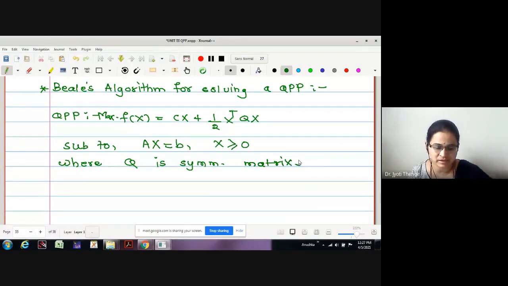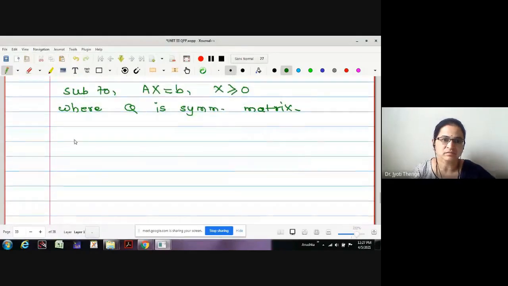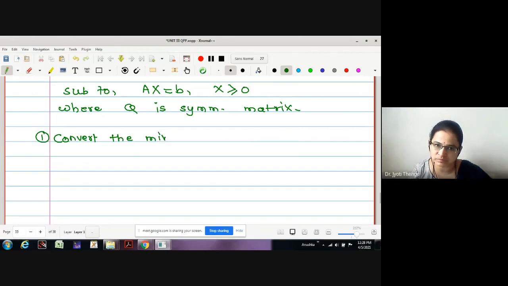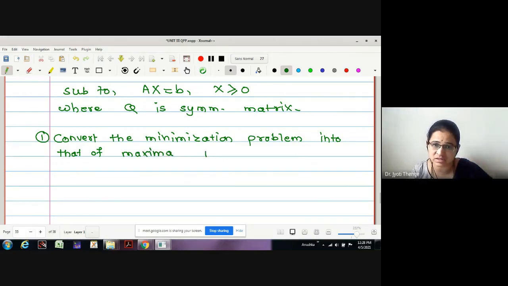The first step is, as usual, converting the minimization problem to a maximization problem, if it is in minimization form.